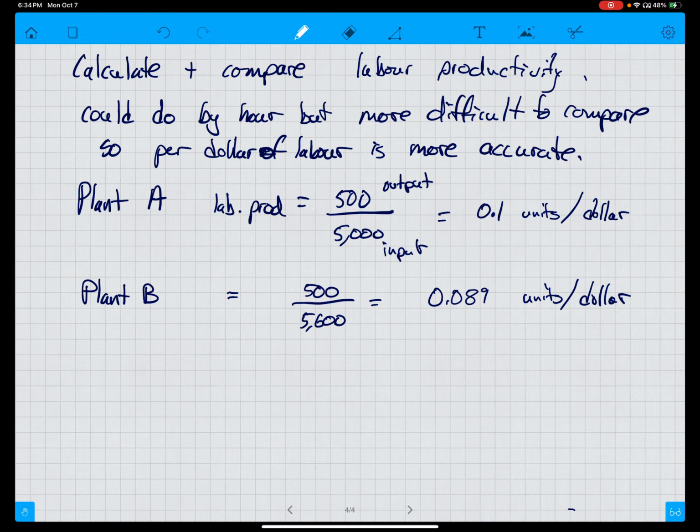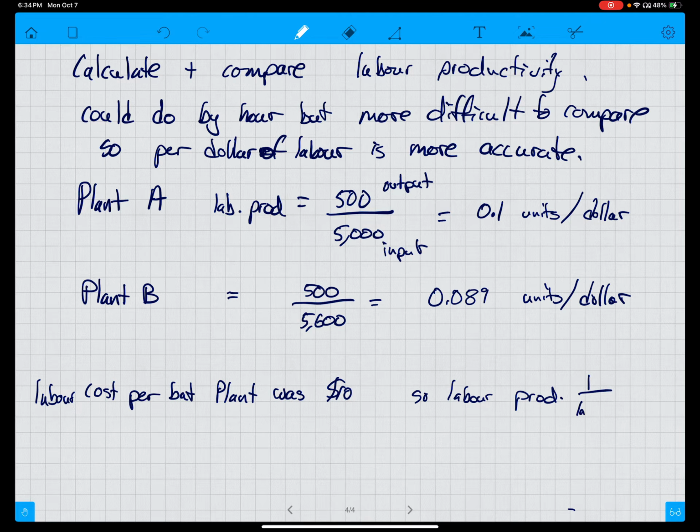If you look at the cost per bat for plant A, labor cost per bat was $10. So the labor productivity would be the inverse of that. So you get the same answer.